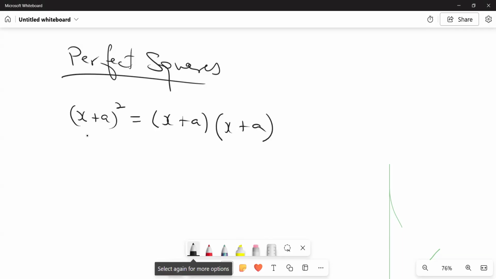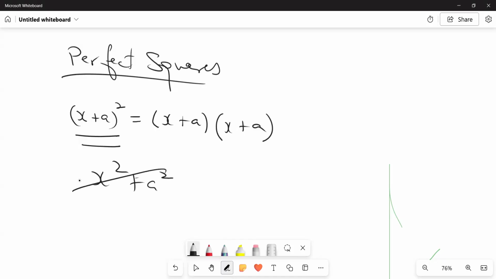And by the way, do not think that this means x squared plus a squared. It's not equal to that. It means x plus a multiplied by x plus a.